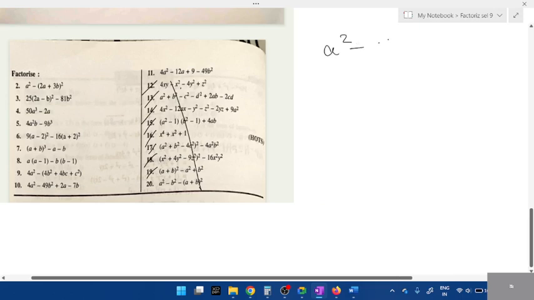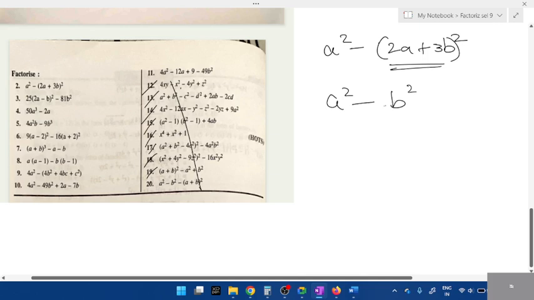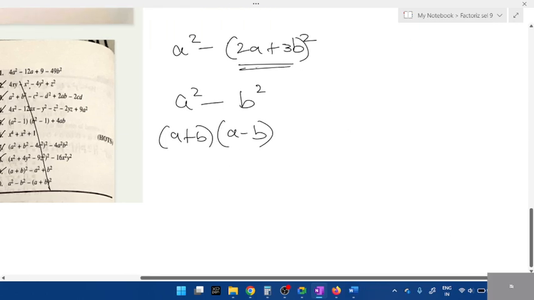A square minus 2a plus 3b. See, this question, imagine if only a square minus, instead of this only b square was there. What's the answer? A plus b into a minus b. Fine. So consider this entire thing as b, students. What's the degree outside given? 2, right?